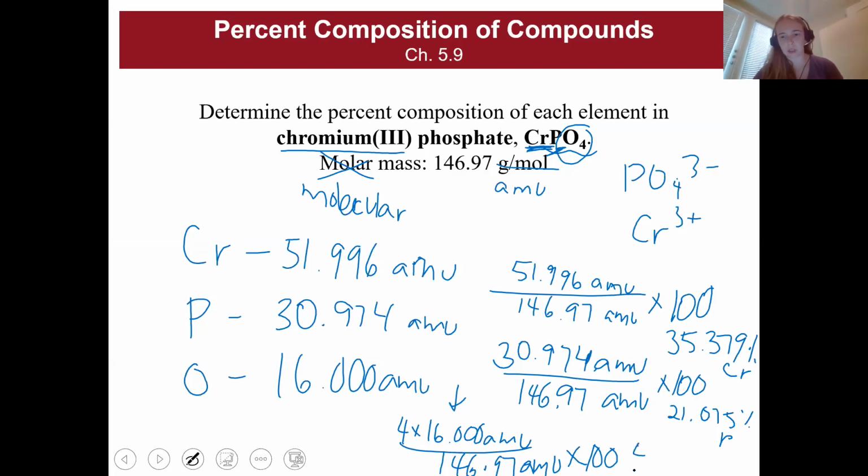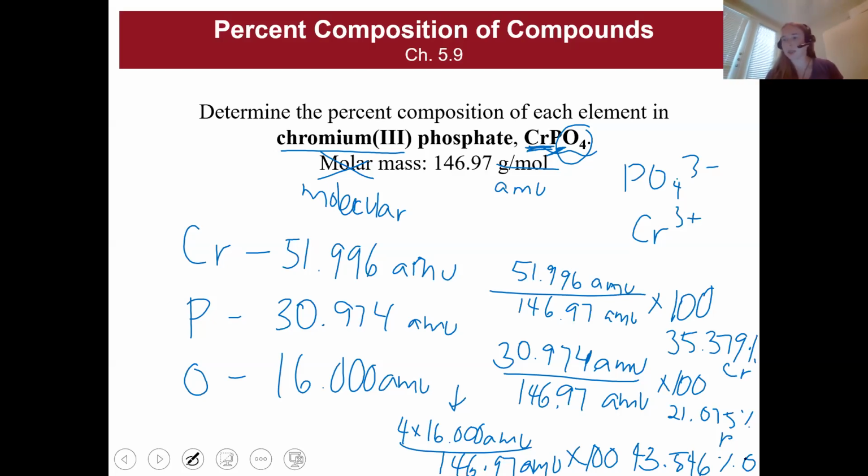So that one's going to be 43.546% oxygen. So we have mostly oxygen, which is what we might expect based on the formula, but not quite the percentages that you might have guessed based on the formula. And again, that's because we're looking at mass and not just the elements in general.